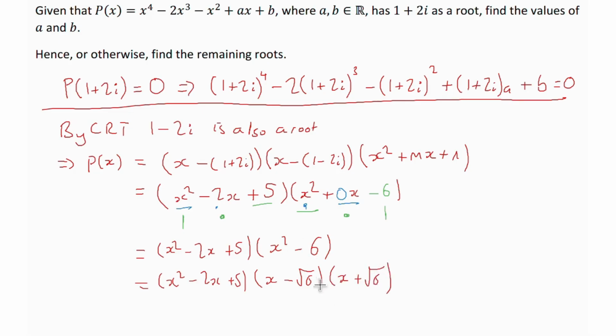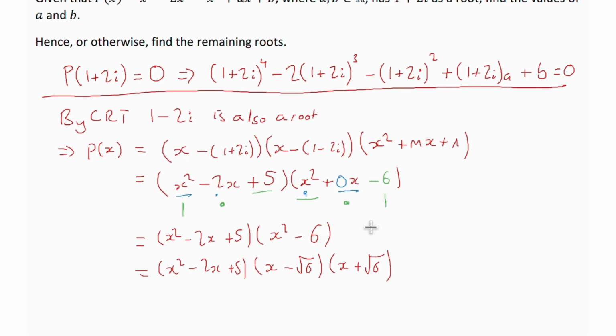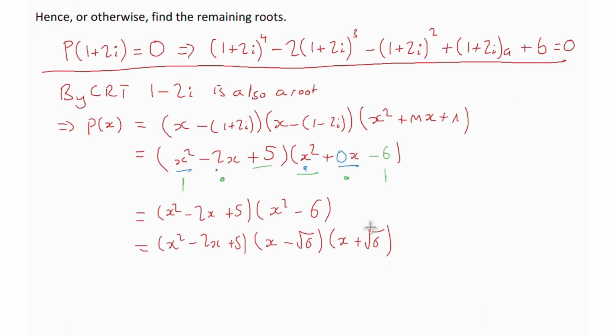Because this is a difference of 2 squares, that's fairly easy to factorize, even though these are surd values. I can then find the remaining roots. The roots are 1 plus 2i, 1 minus 2i, root 6 and minus root 6.